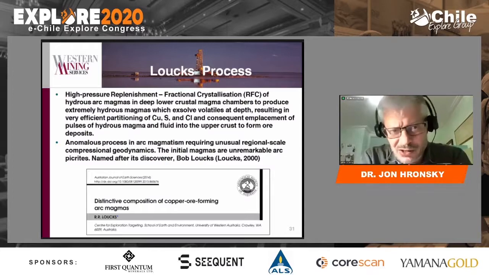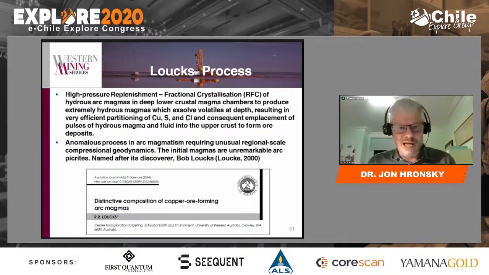Because I think you're probably familiar with it, I won't spend a lot of time on it, but basically the model is high pressure replenishment fractional crystallization of hydrous arc magmas in deep lower crustal magma chambers. The idea is that there's an unusual compressive geodynamic state, which keeps those magmas down there, makes them fractionate, builds up volatiles, and for that reason produces very efficient partitioning of copper, sulfur, and chlorine into those volatiles.